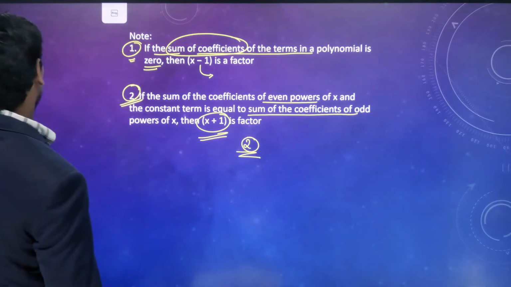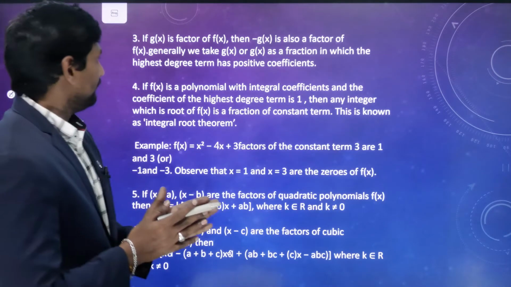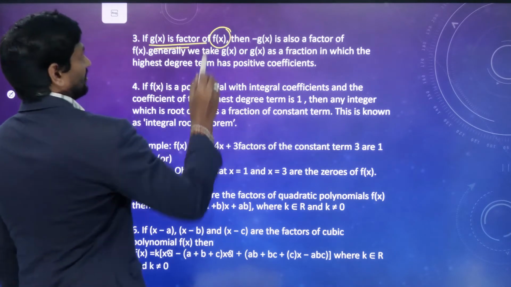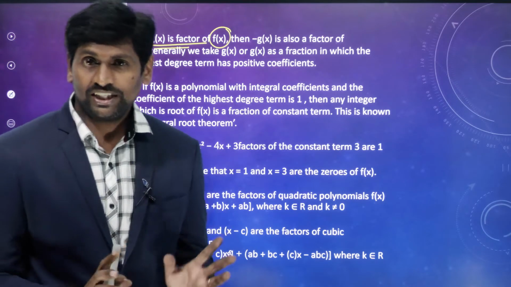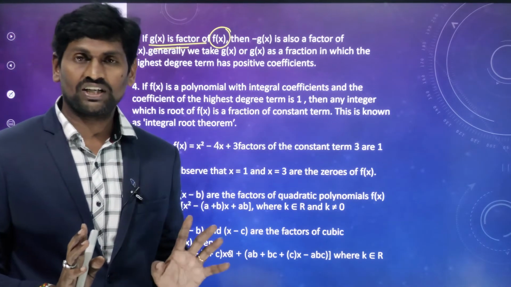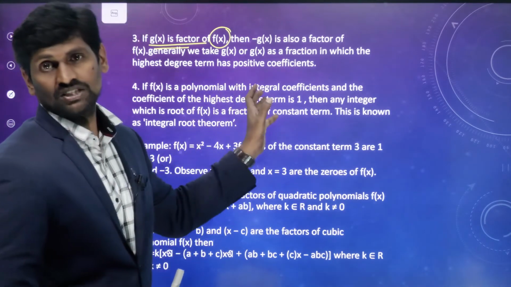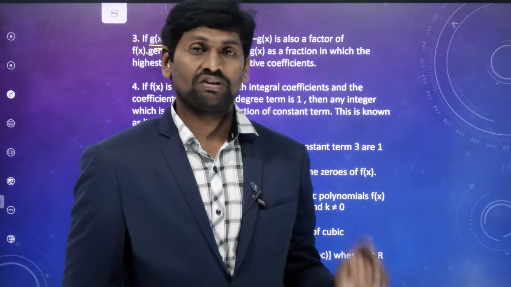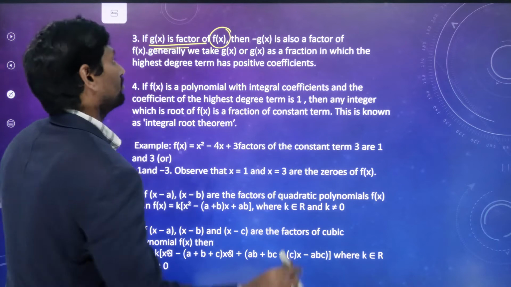Okay? Yeah. Next. If g of x is a factor of f of x, g of x can be a linear polynomial, biquadratic or quadratic. If g of x is a factor of f of x, then minus g of x is also a factor of f of x. That you should remember.